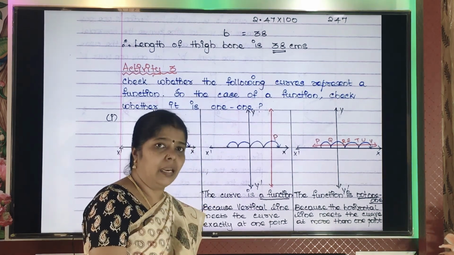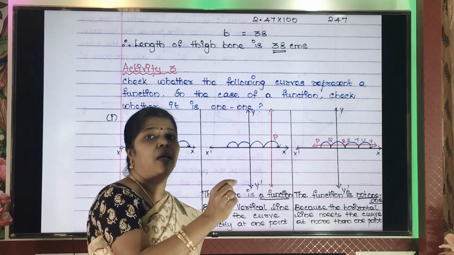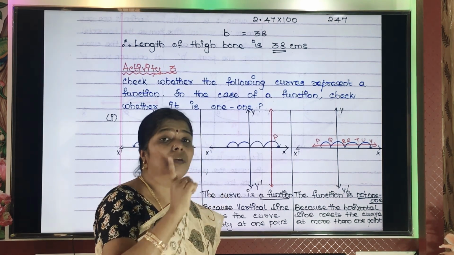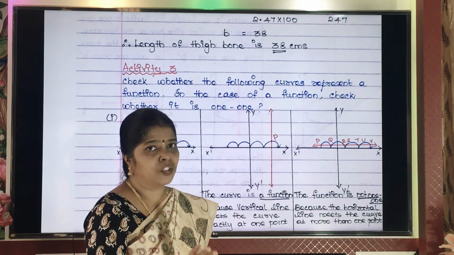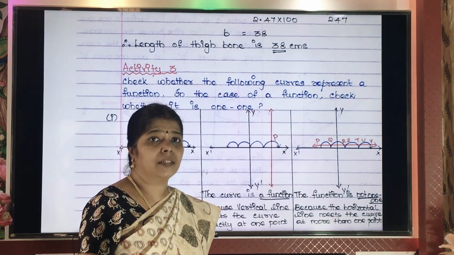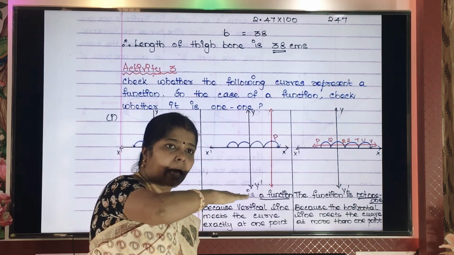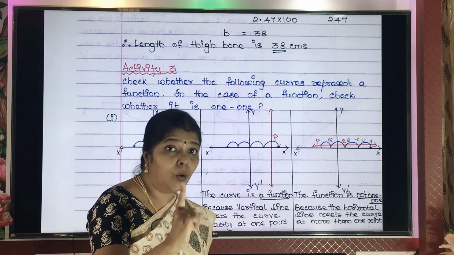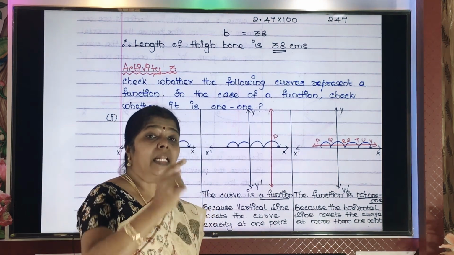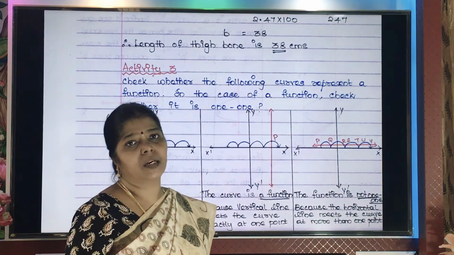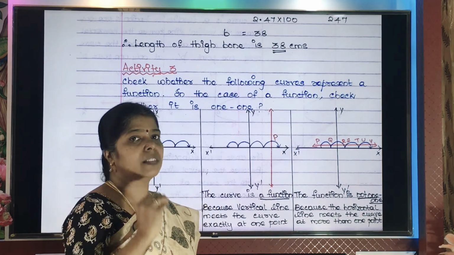If the vertical line meets the curve at one point, we say the curve is a function. Now coming to horizontal line test. If a horizontal line meets the curve at one point alone, then we say that function will be a one-to-one function. This is what we have studied.